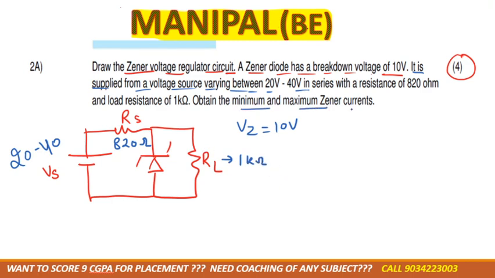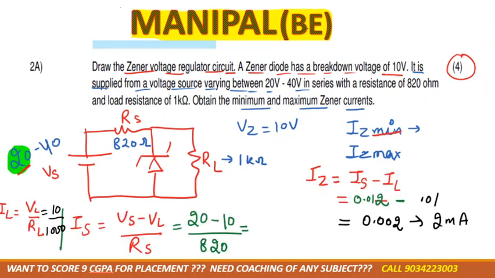They are asking for the minimum and maximum Zener current. So we need to calculate IZ minimum and IZ maximum, right? Remember I told you that whenever we have a minimum and maximum kind of circuit, we'll use the second kind of circuit. Remember I gave you the list of formulas of the Zener diode. Did you remember that?